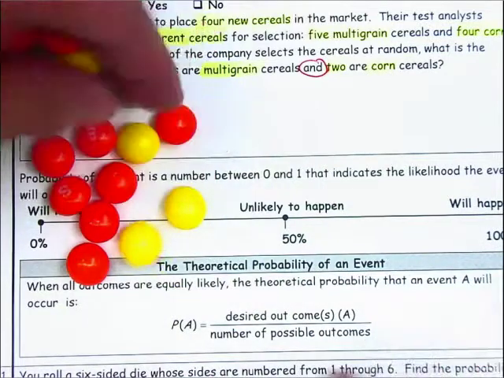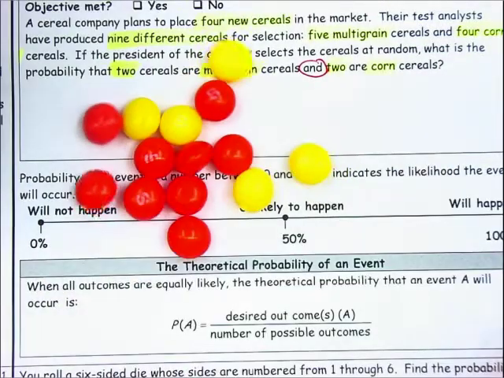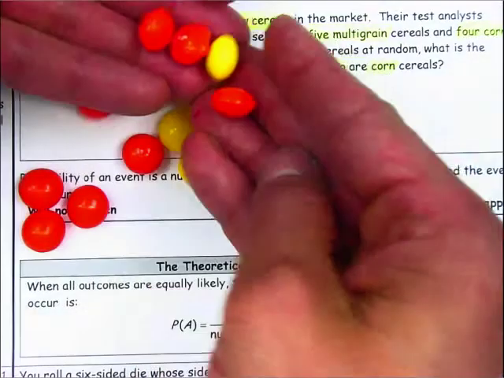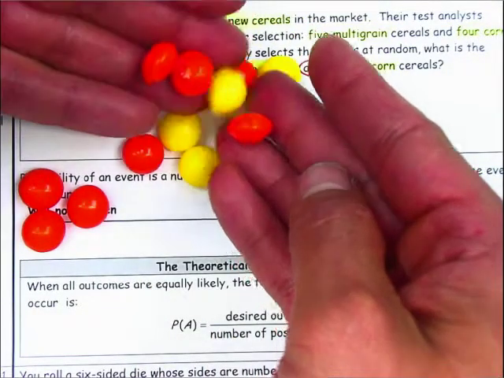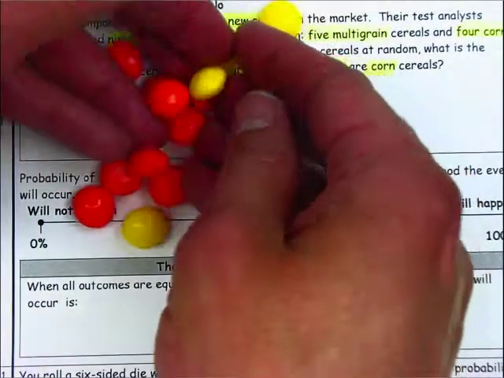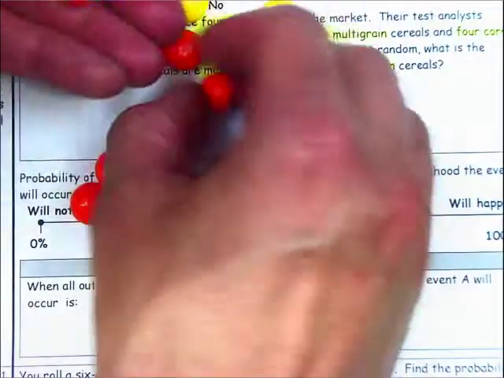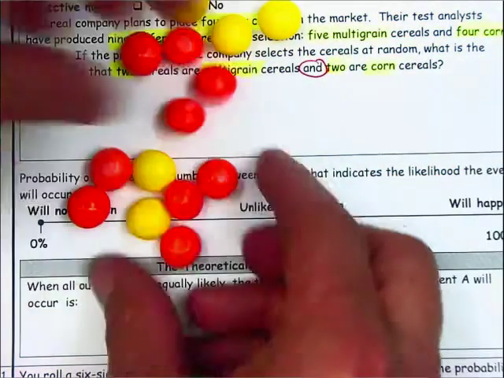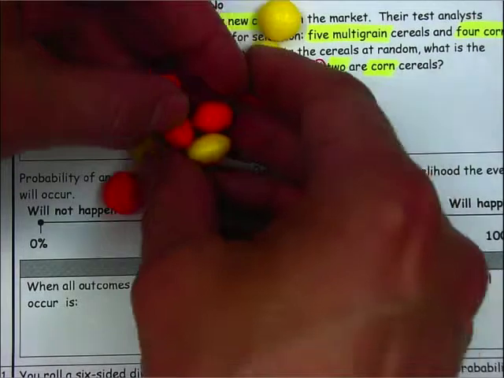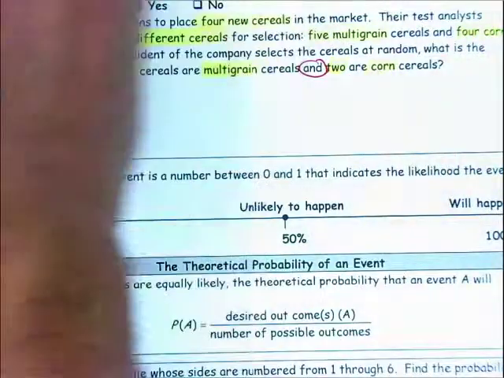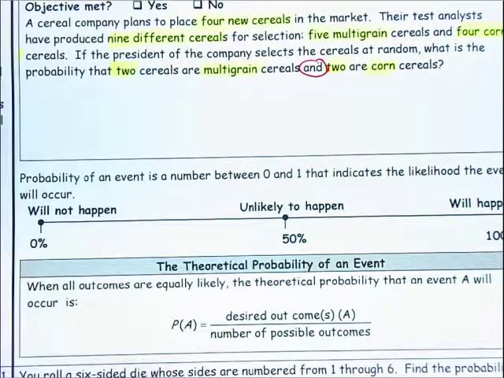No. It tells you, what's the probability of selecting 4, at random, that you're going to have 2 of each. So if you select 4 of them at random, what's the probability that you're going to end up with 2 of each? So you're selecting them all at the same time. Does that make sense? So therefore, if you select all of them at the same time, that means that you're going to use the choose.